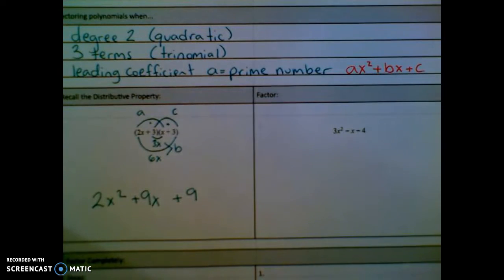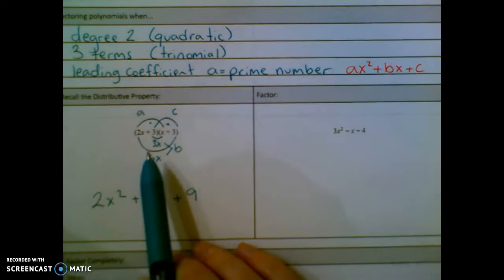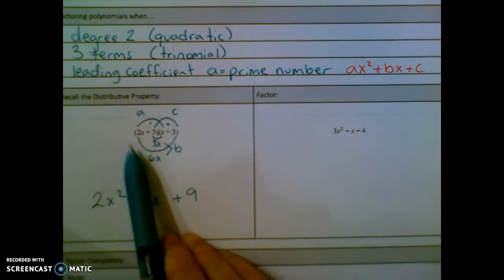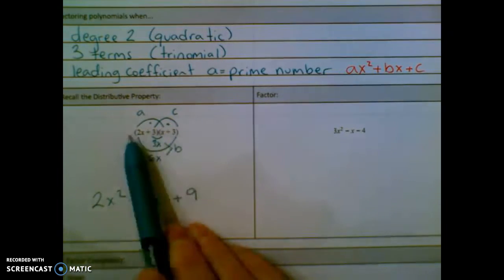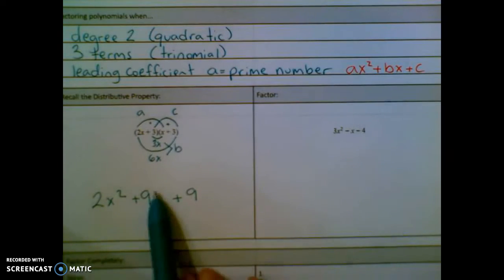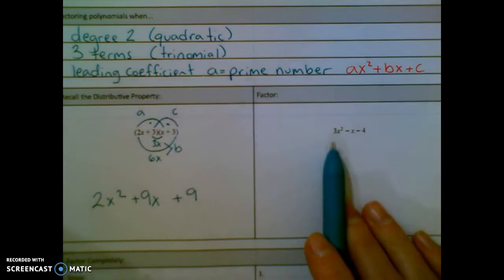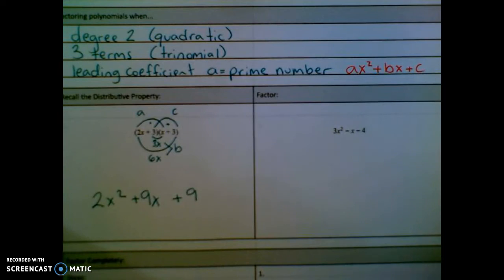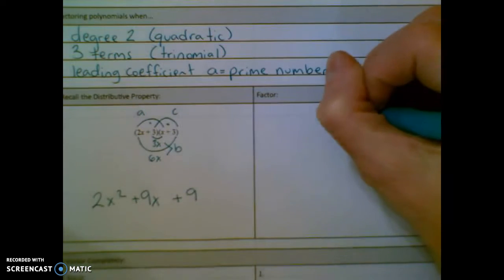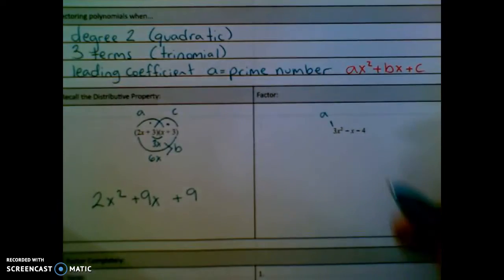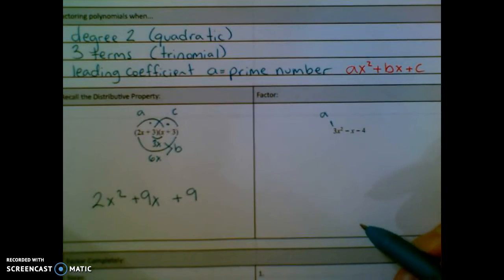So the reason these questions are slightly complicated is because that inside and outside multiplication, I've got to worry about the combinations to see what they add up to be. Okay, so to factor, we're going to look at a couple different things. We're going to look at our a term, and we're going to say, what are the possible factors for my a term?